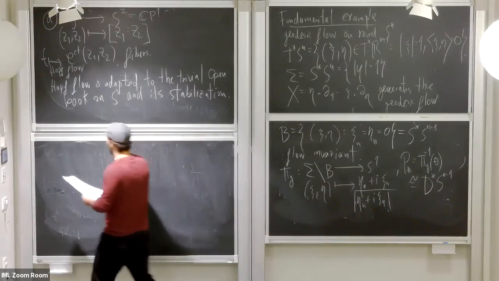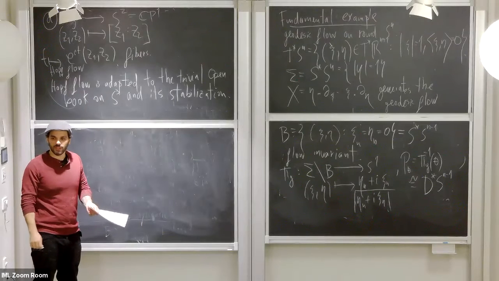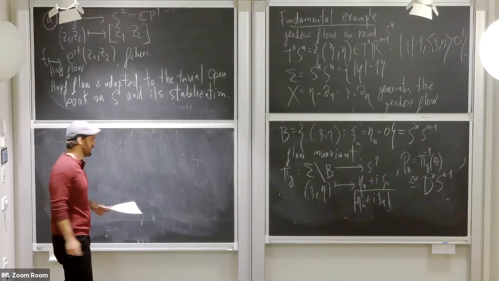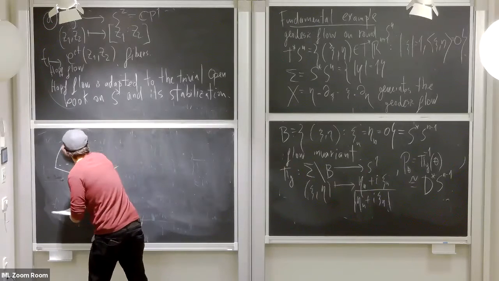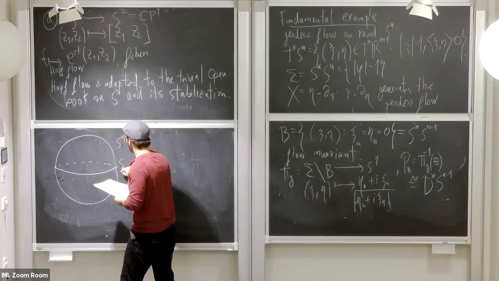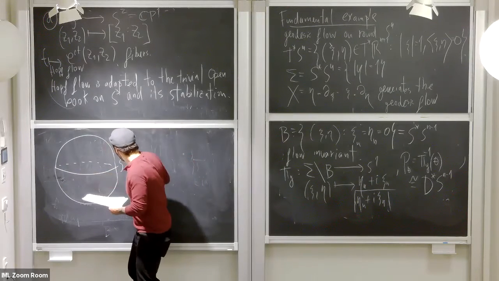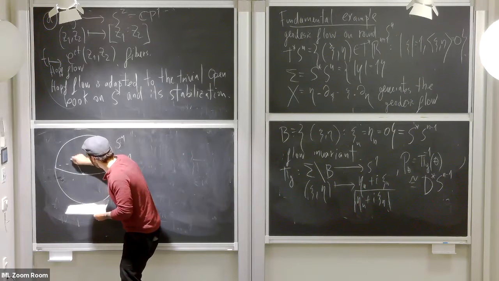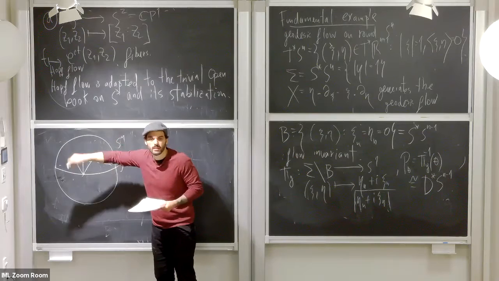So the picture is the following. You should think of the Birkhoff annulus that we discussed last time, and this is just a generalized version of that. So you look at the sphere. So this is Sn, and here's Sn minus 1. And I look at the equator, Sn minus 1, but I look at every covector or vector that points upwards. And then I move them around Sn minus 1 as well.